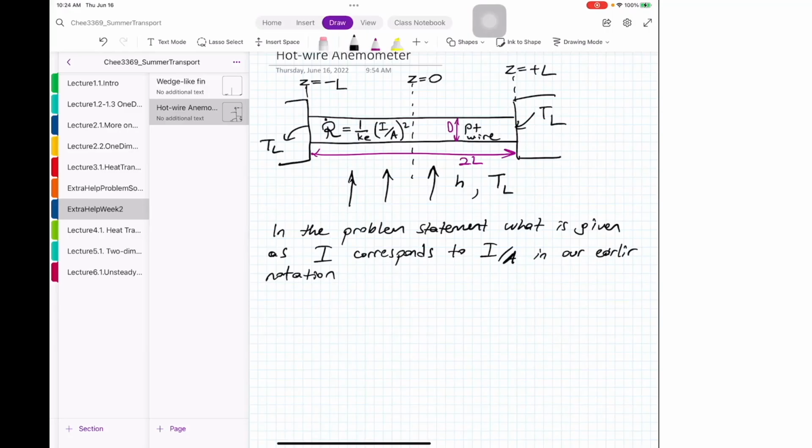So basically, we can model the heat generation rate as 1 over KE times I squared.